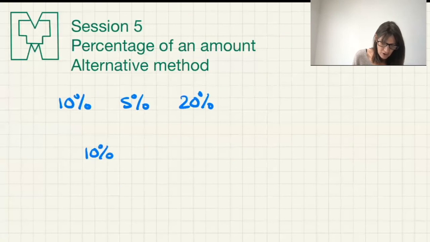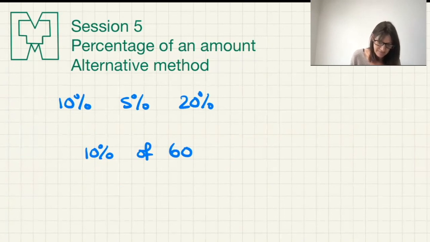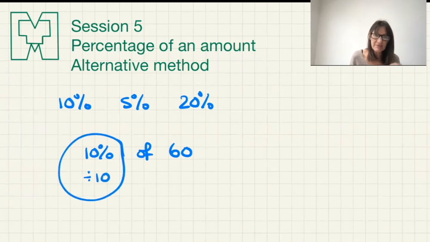10% of, say, 60, 10% can be found by dividing by 10. Okay, so 10% can be found by dividing by 10. 5%, you don't divide by 5. 20%, you don't divide by 20. It's only the 10 that links this way.